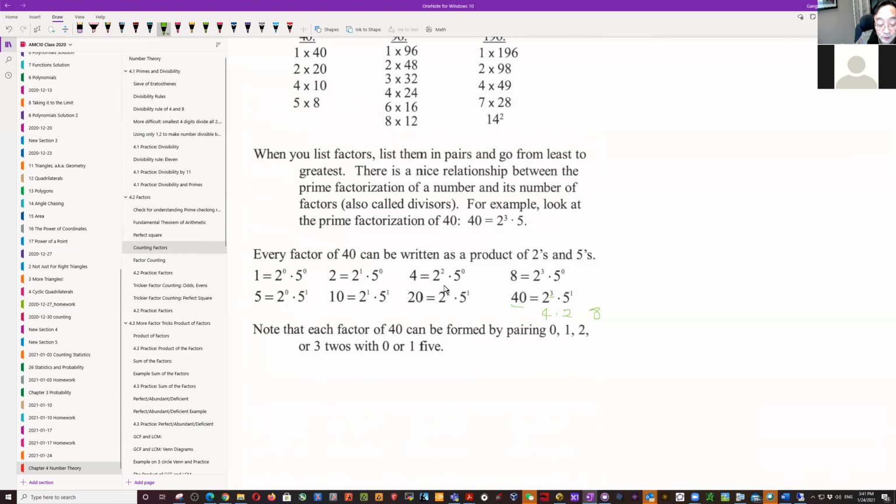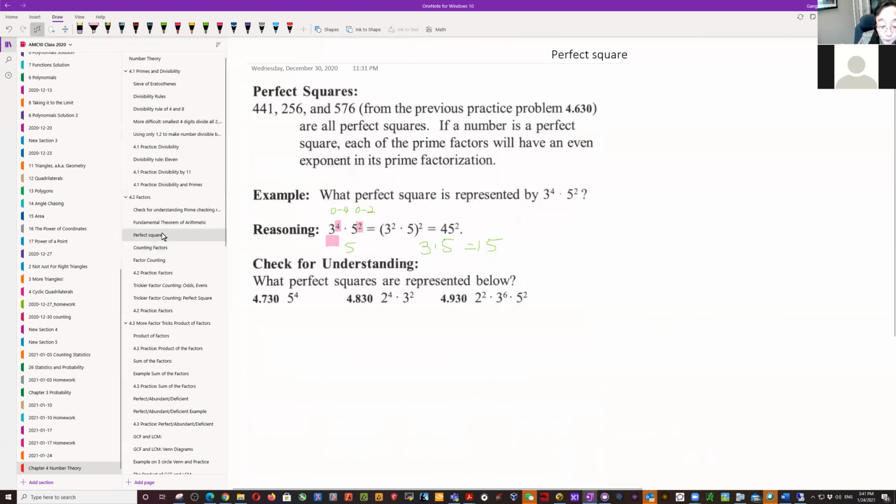For any composite number other than a perfect square, the factors usually come in pairs, so it has an even number of factors. Only a perfect square always has an odd number of factors.